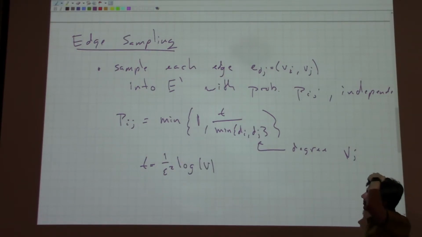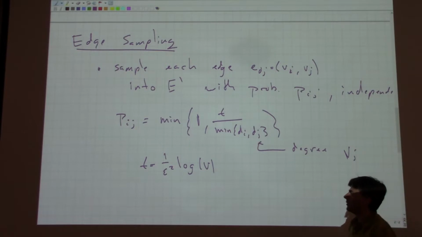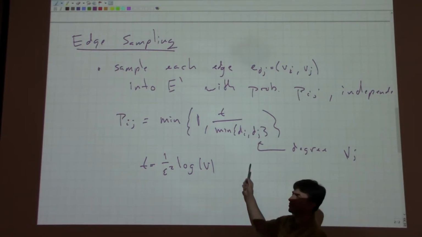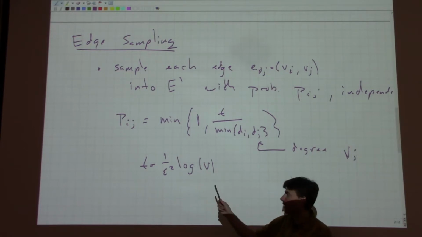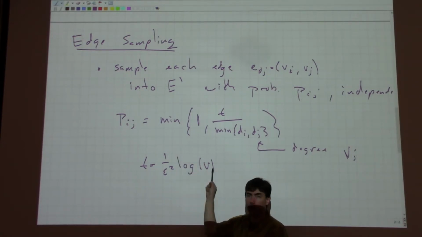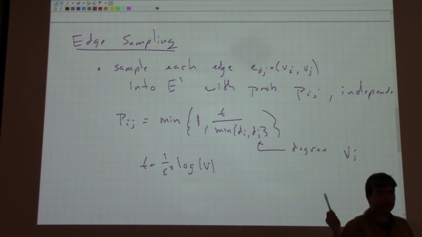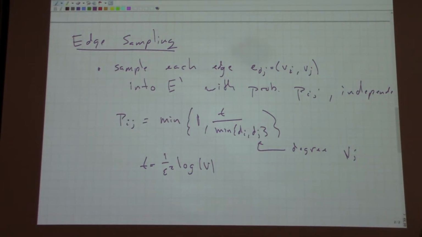Each edge I'm going to sample with this probability, and so basically each vertex I'm going to keep around t edges. And t is 1 over epsilon squared log of the number of vertices. It'll turn out to be the right number, and we'll see where that comes from.